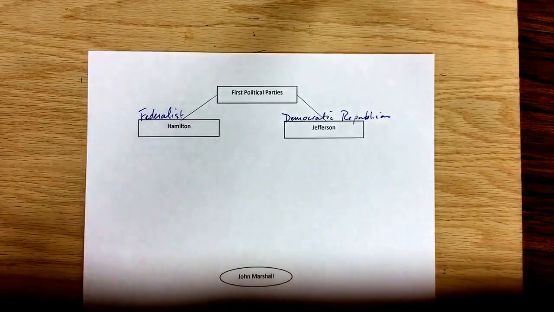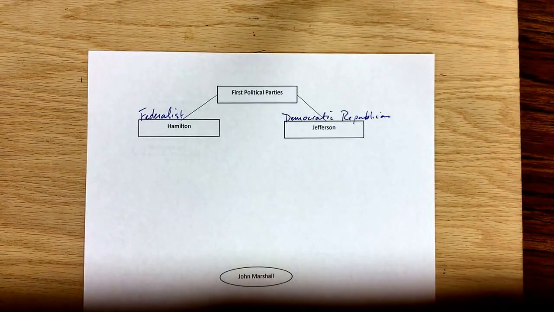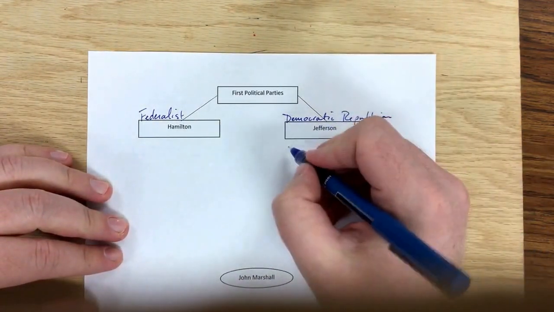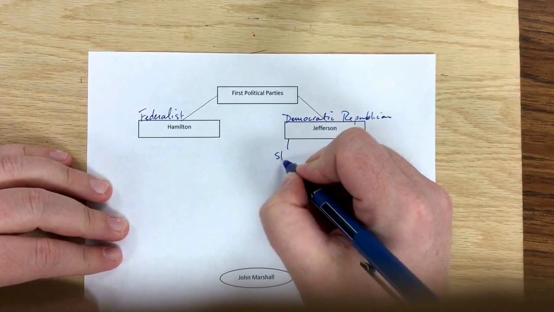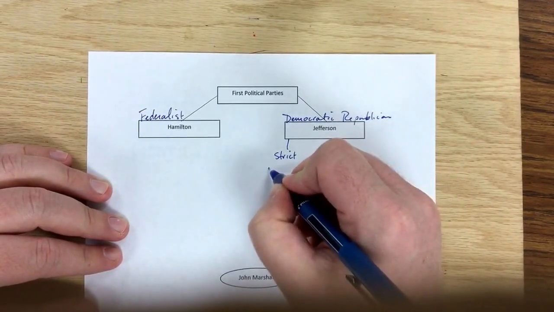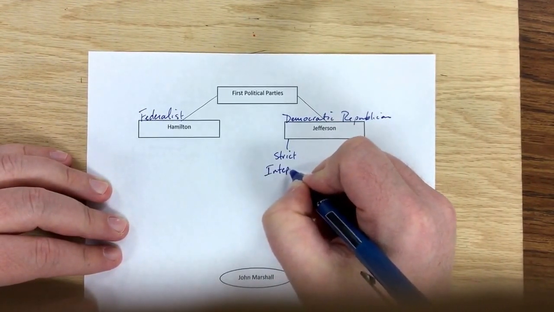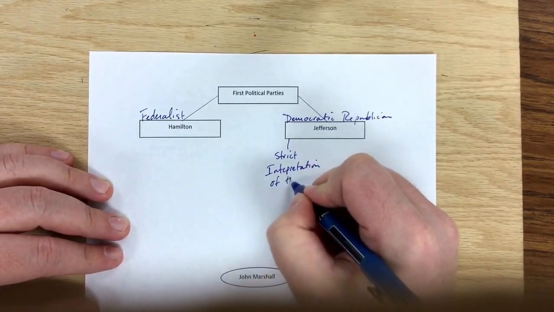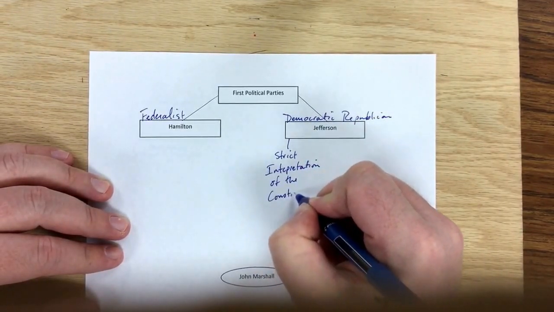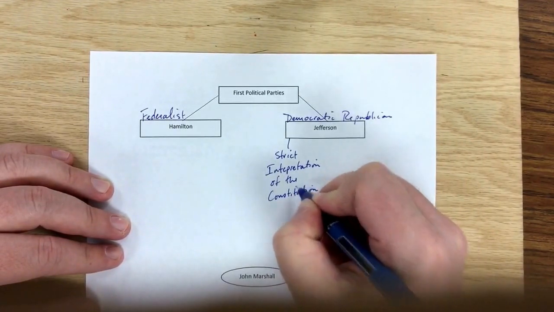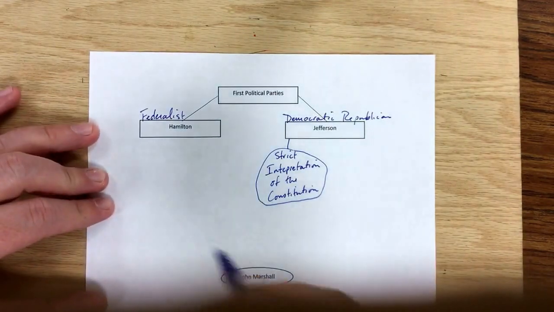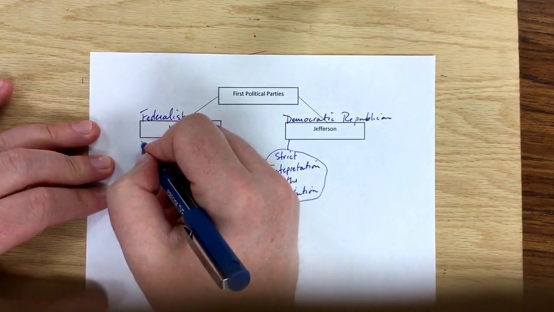Now, just a couple notes about these two first political parties. The Democratic Republicans wanted a strict interpretation of the Constitution. That means whatever the Constitution says, that's what we have to follow.